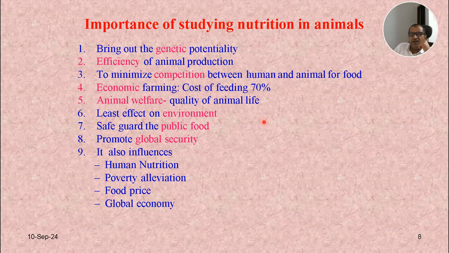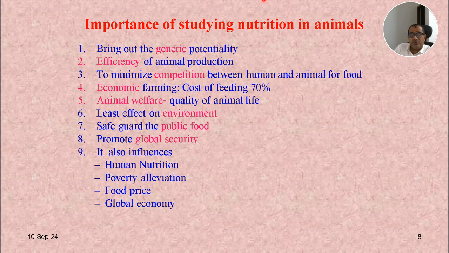Then it also influences human nutrition, because in the human food basket, about 25% is from dairy products and about 10% is from fisheries and other products. So if you produce very good milk, meat, etc., then human nutrition will also be maintained.